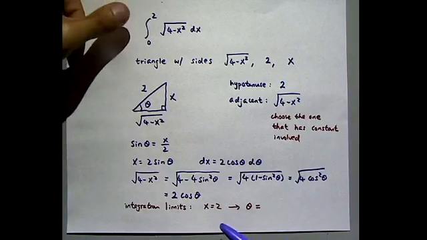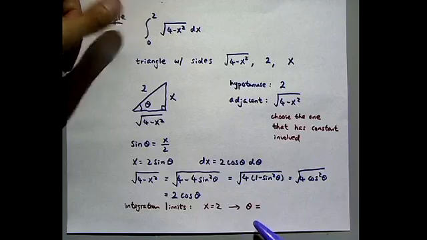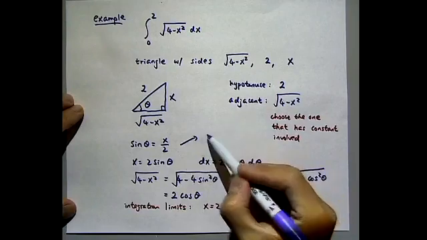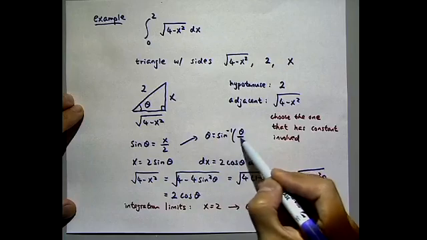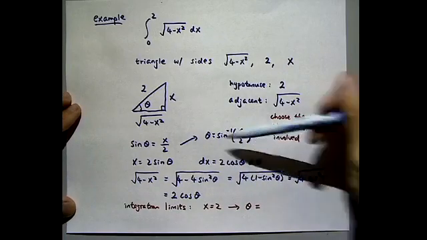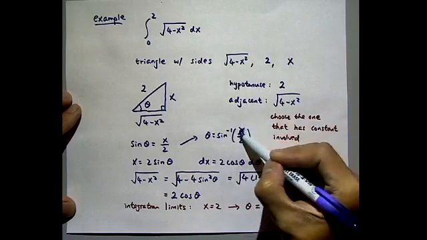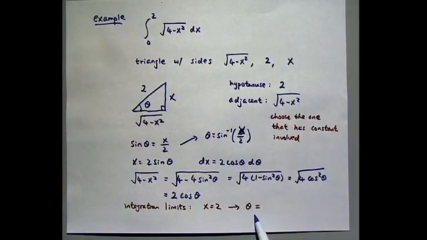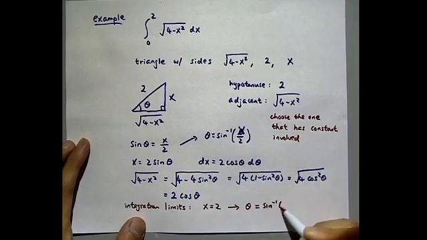The old upper limit was at 2. x is equal to 2. Now we need to know what theta that refers to. All right, so if you look at this one here, if x is equal to 2, theta is equal to inverse sine of 1.